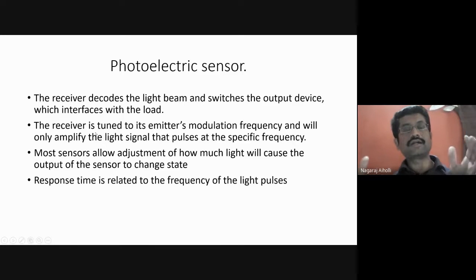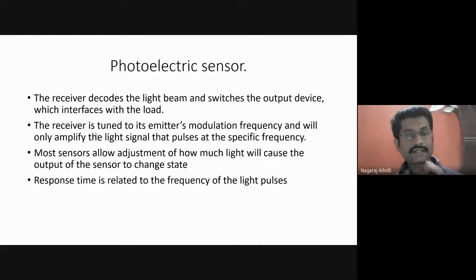Here the receiver senses, or is tuned only to, a particular frequency of the transmitted signal. Like how we have radio sets, right? With a radio set, what are we doing? We are turning on to a particular FM station. When we turn to a particular signal, we turn the knob, right?